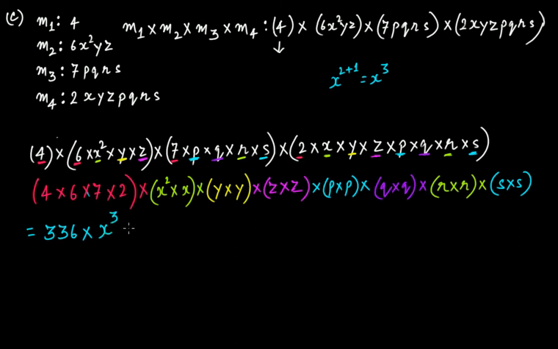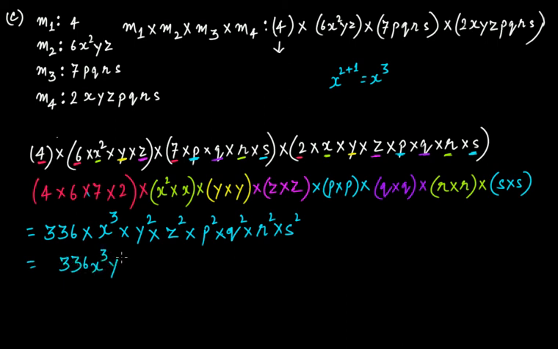This is y squared, z multiplied by z means z squared. Similarly, p squared, q squared, r squared, and s squared. Now this can be written as 336 x cubed y squared z squared p squared q squared r squared s squared.